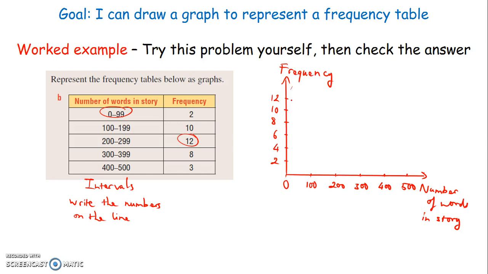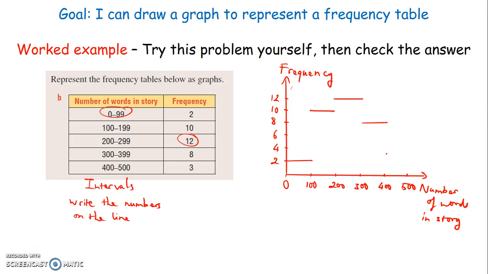What we have is two stories with between 0 and 100 words. 10 with 100 to 200. 12 with 200 to 300 words. We have 8 between 300 and 400.